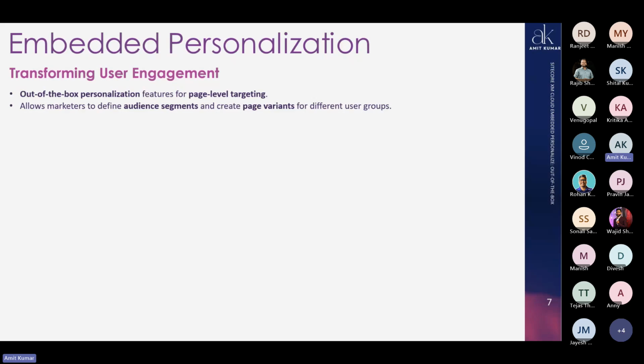And also it is out of the box. Out of the box means that it is providing you some set of personalization conditions which you can use, but not as extensive as you usually get in the XP. And you can also define the out of the box audience segmentation. Audience segmentation means that suppose X number of users have visited this site, or the number of visits by a current user to your website is greater than 10.